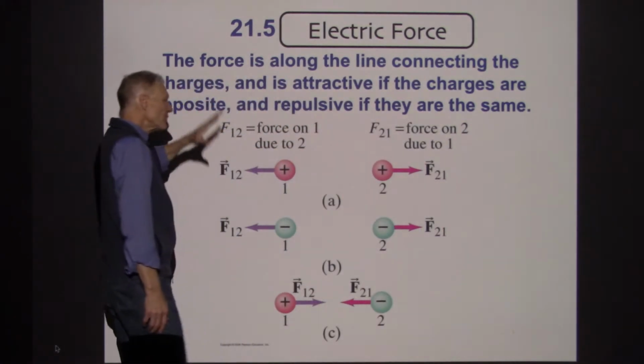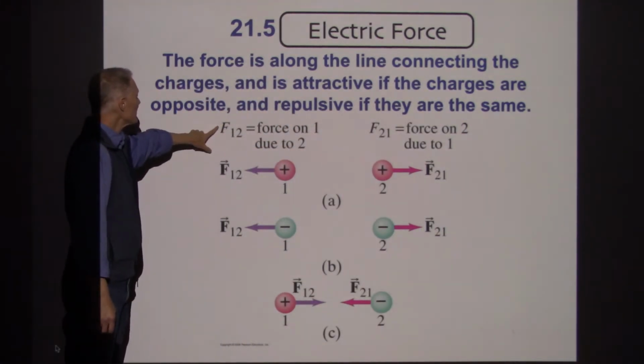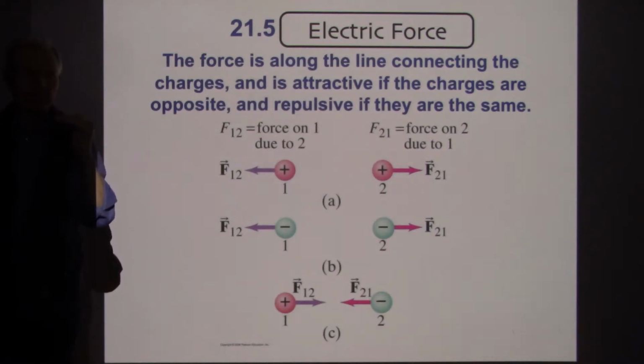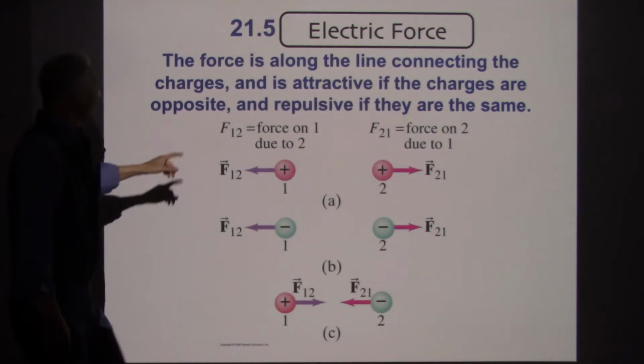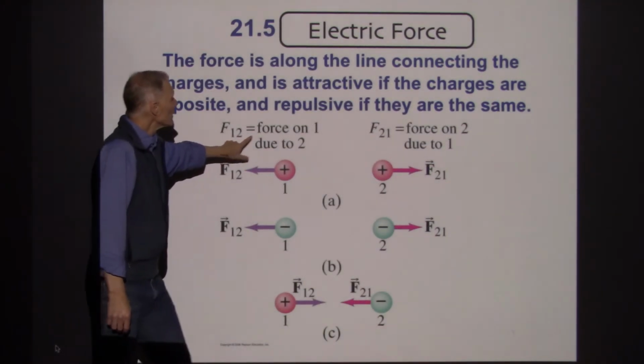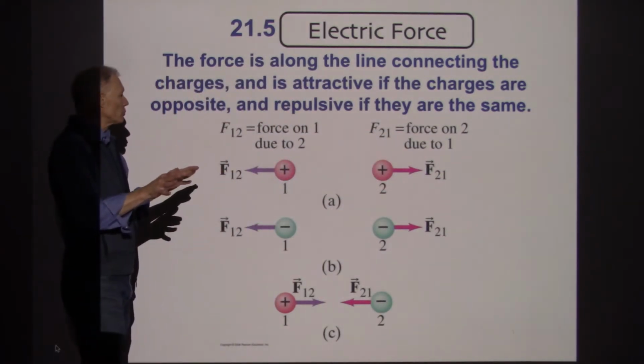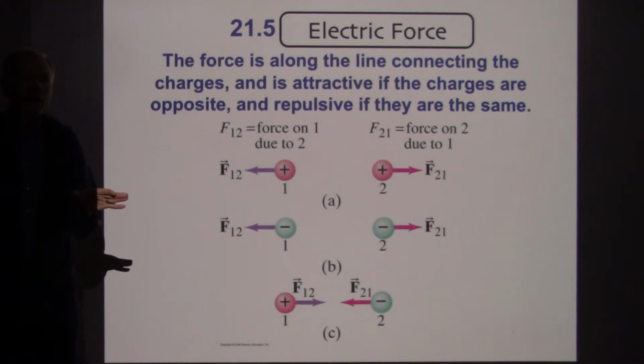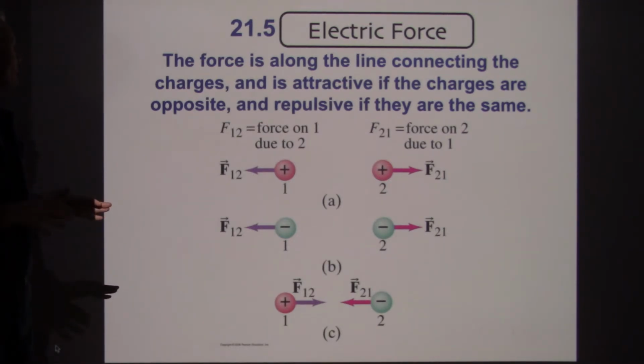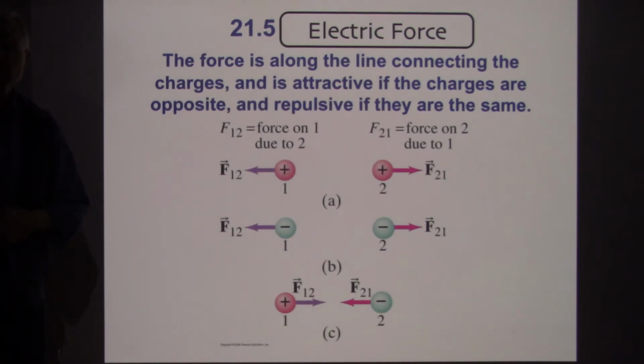Now, this slide is very important because what the textbook does is it very carefully identifies what F12 is compared with F21. The magnitudes, the numerical value of F12 and F21, are the same.